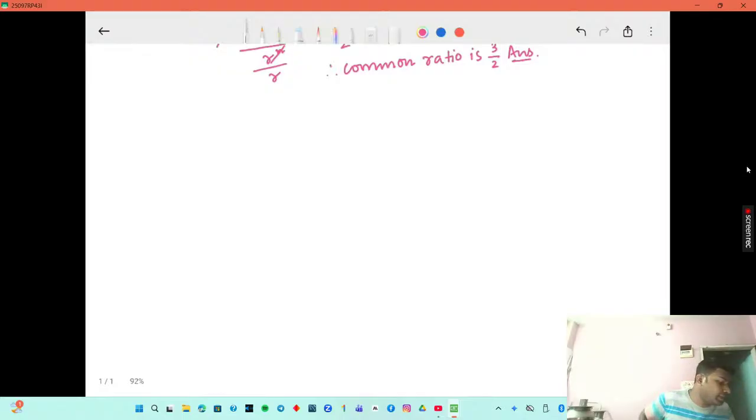Here the question is given as: the third term of a GP is 3. The product of its first 5 terms is.